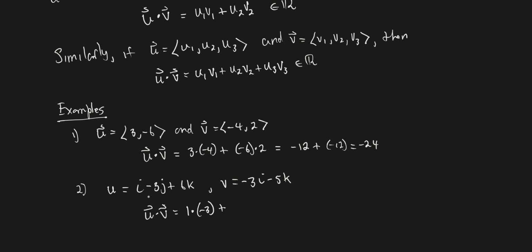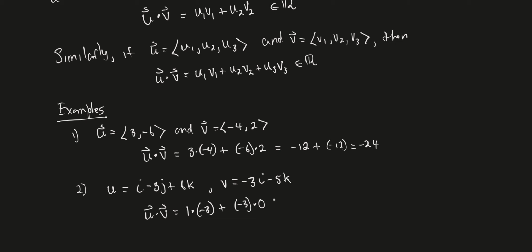Then plus the second component of u, which is -3. Now, when you look at v, we know it's a three-dimensional vector because we can see the k, but there is no j. What that means is the coefficient of j is 0, meaning the second component of the vector v is 0. So there's actually a 0 there. Look out for stuff like that.